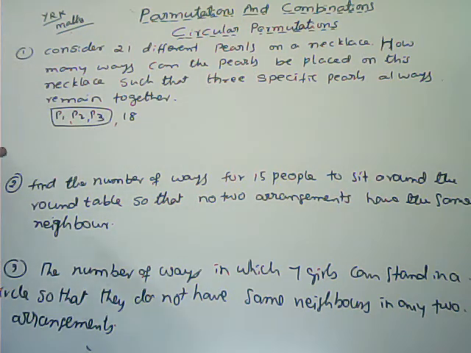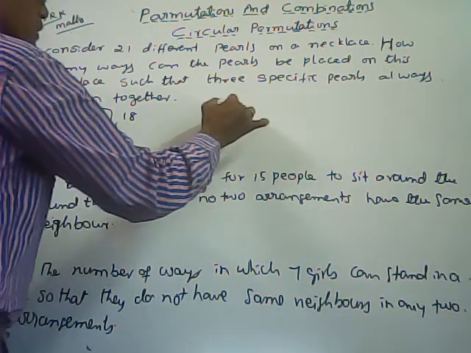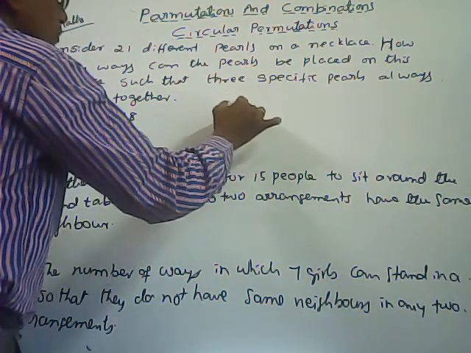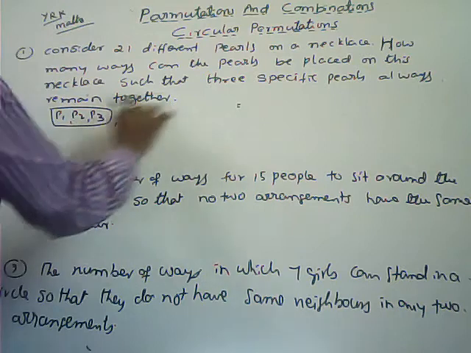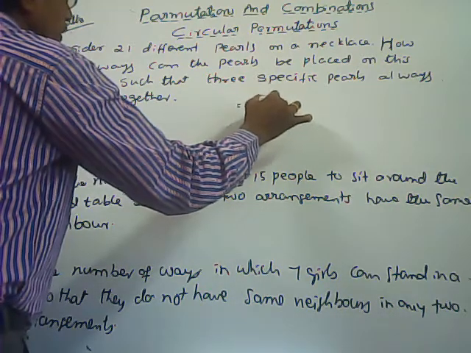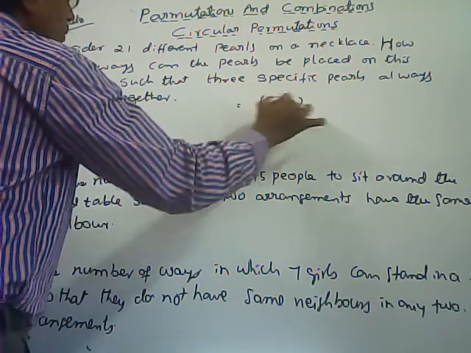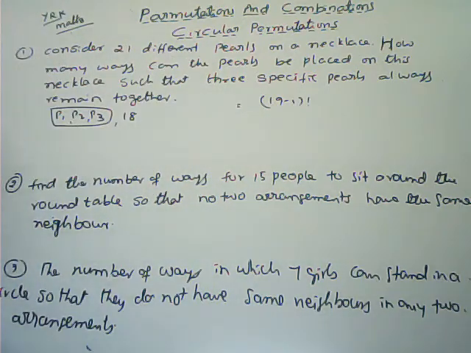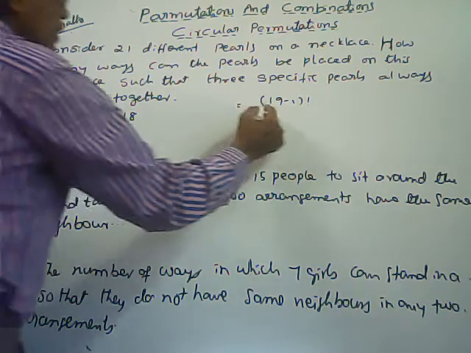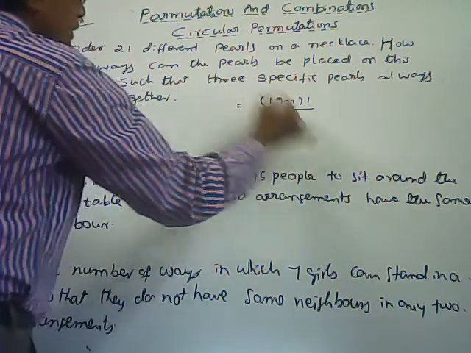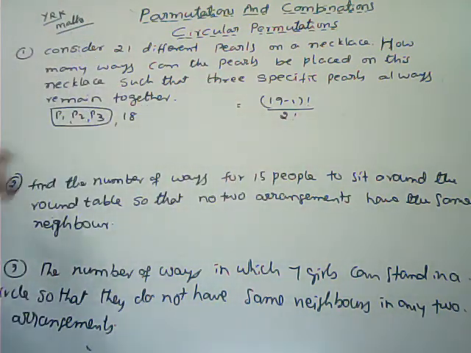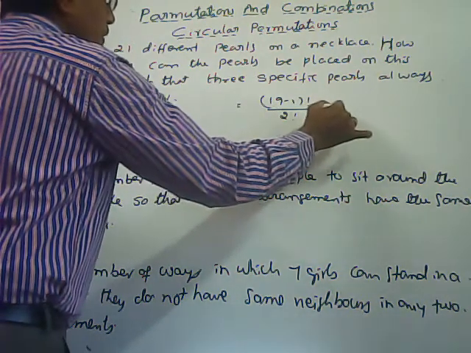19 in a circular arrangement, total number of ways that is equal to, total 19 are there, (n minus 1) factorial, (19 minus 1) factorial, but this is the necklace or garland type only, upon by 2 factorial. And here these 3 can be arranged among themselves in 3 factorial ways.